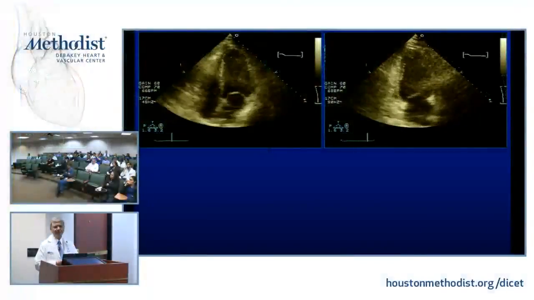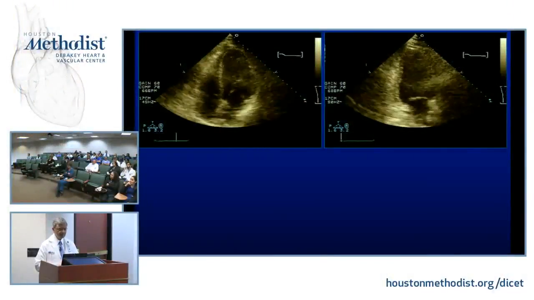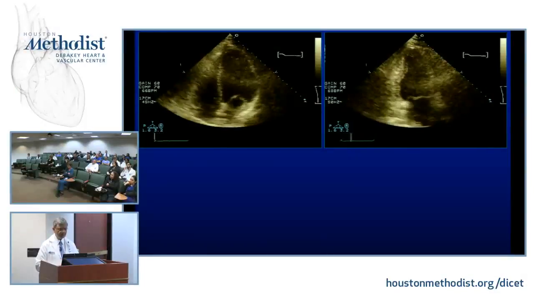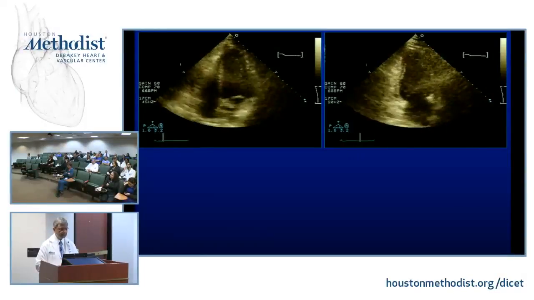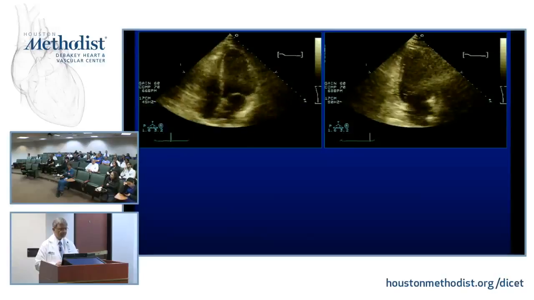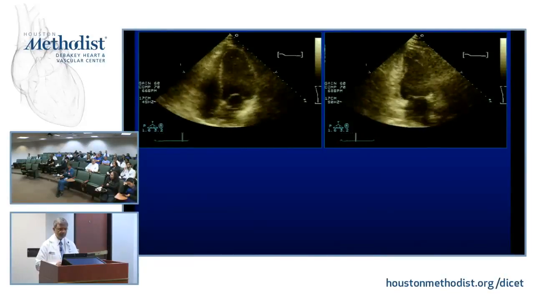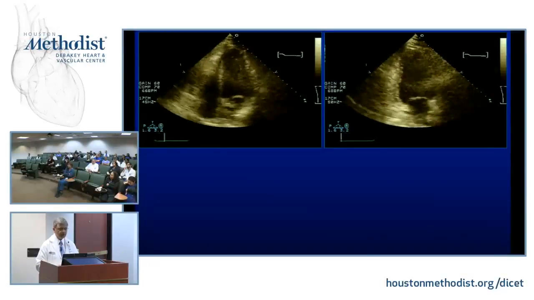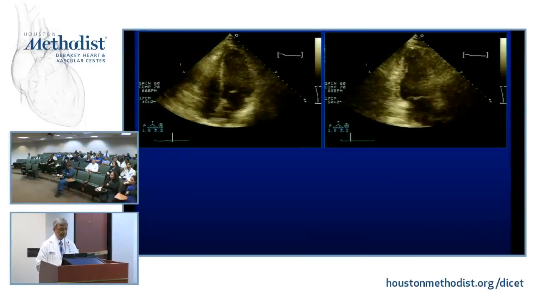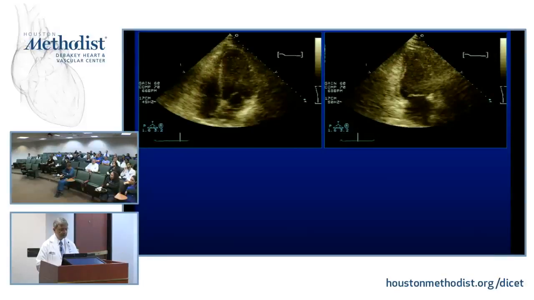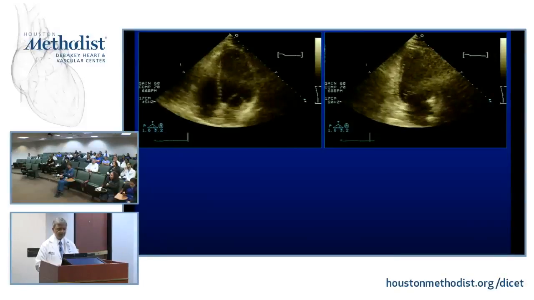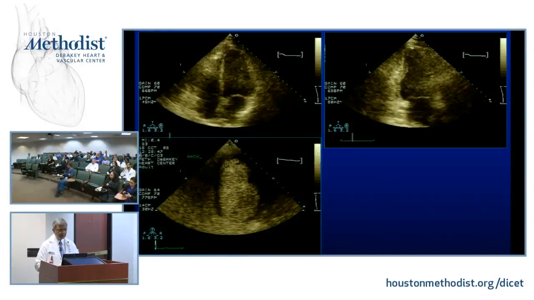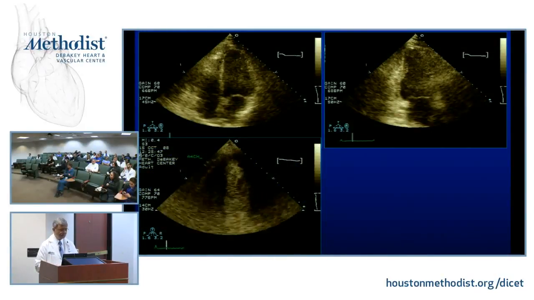Jason, come on. Yeah, inferior wall base is akinetic, right? And then hypokinesis here. Anything else? Inferior septum here. It goes along with this guy, right? It goes along with the same distribution. Well, there must be something else because that's why I'm giving you this case, right?